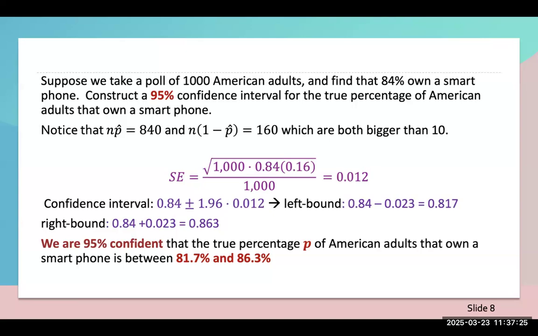We would expect that if we did this 100 times, 100 different samples of 1,000 adults, 95 of them would have the true p living in that confidence interval. So this may be one of the times out of 100 where it doesn't live there. That's why we say we're not 100% sure, but we're 95% confident that the true p lives in this confidence interval.